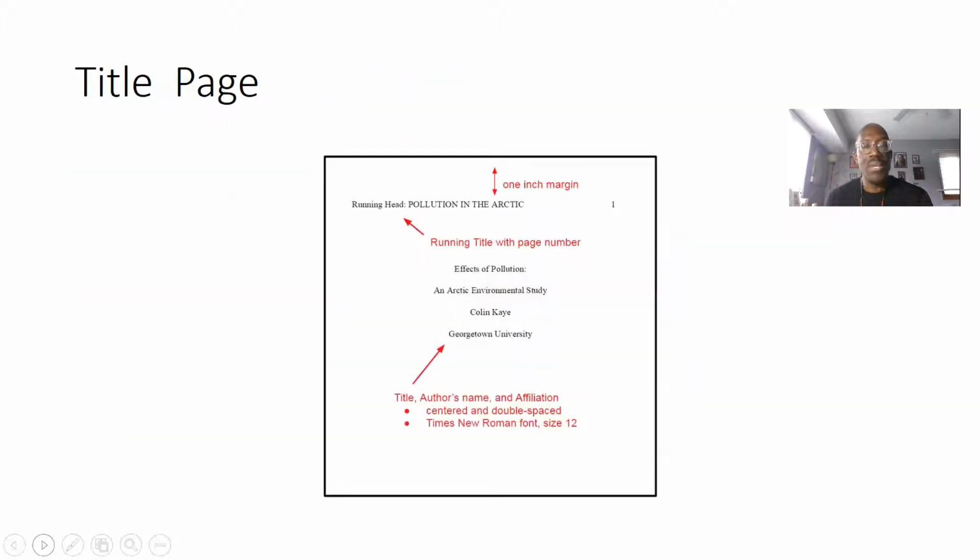I'm going to pop through here, but here's an example of what a title page looks like. You want to start with your running header, so that will basically be kind of the name of your paper. What are you looking at? Your systems integration analysis paper, Frozen River, could be used as a running title. For your title, you want to make sure that you include the title of your paper, the name of your instructor.